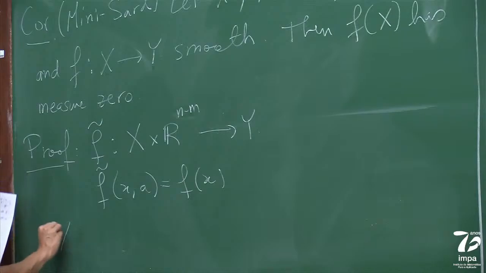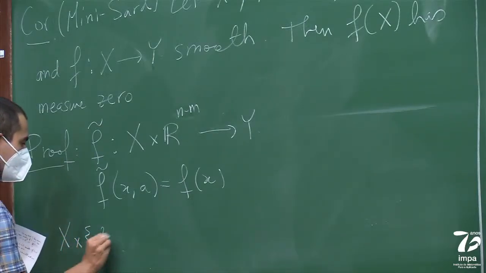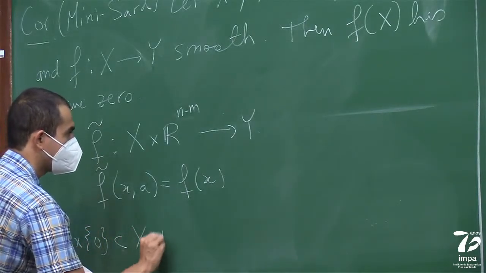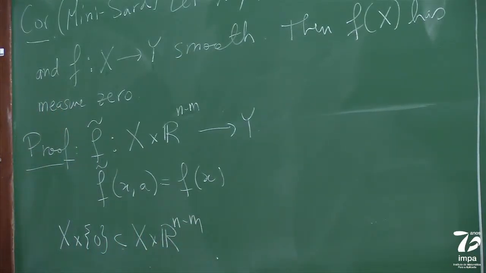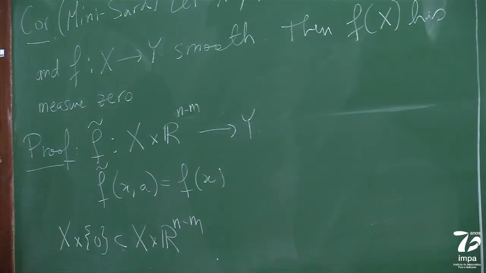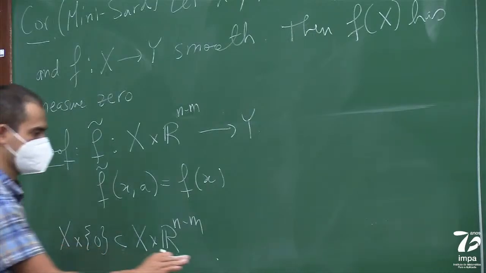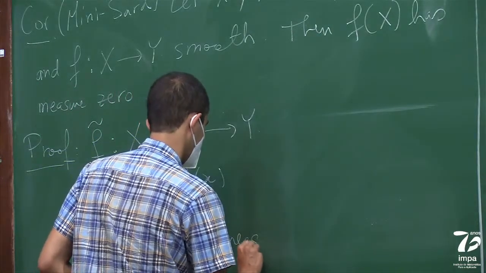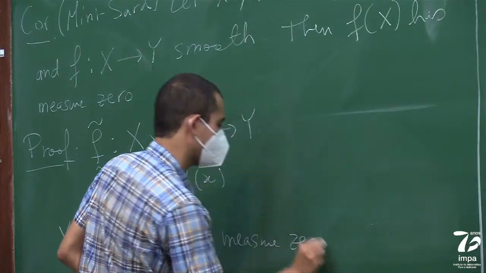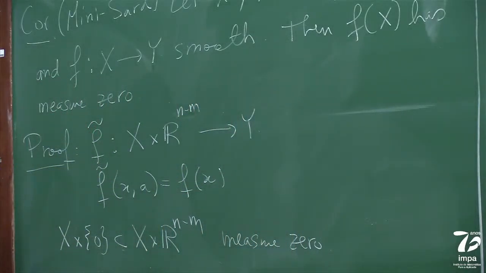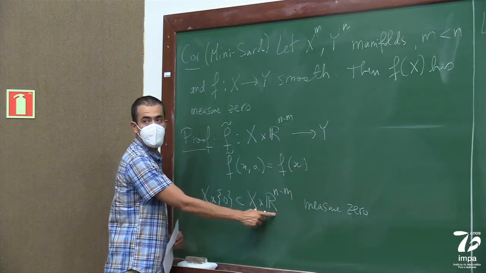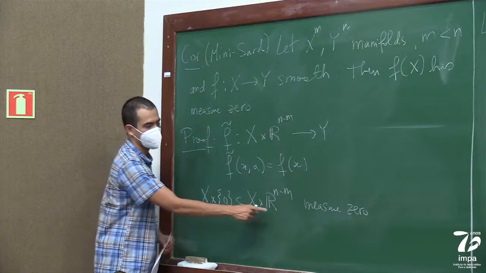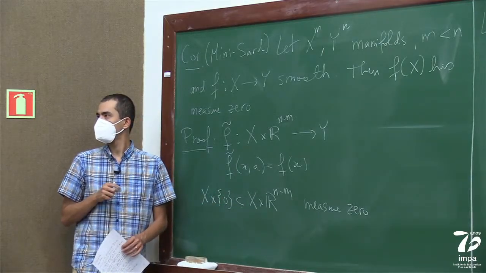So now if you look at X times 0, this is a submanifold of X times R^(n-m). And this has positive codimension. So this guy has measure 0. Right, because this is a submanifold of this. This has dimension m, and this has dimension n. Okay?